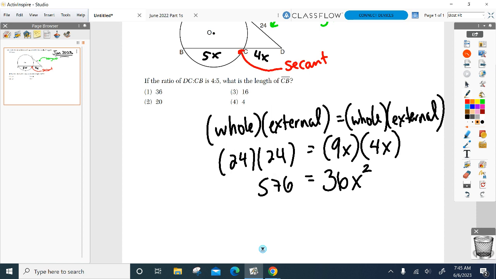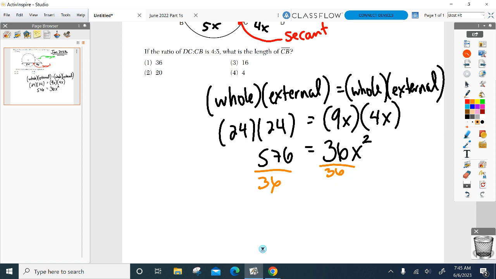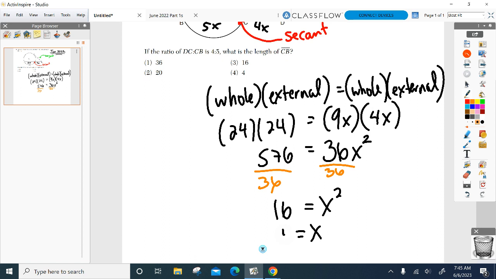You can't go square root crazy until the x squared is by itself. So divide out the 36, then you can go square root crazy. X squared equals, I still need help there. 16. X squared equals 16, so x equals 4.